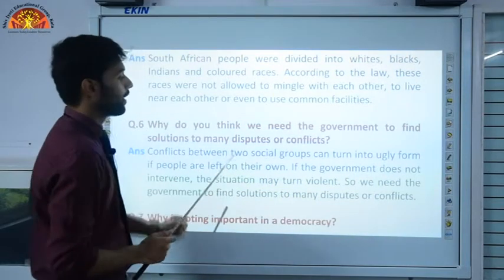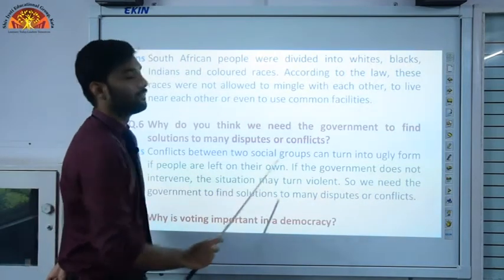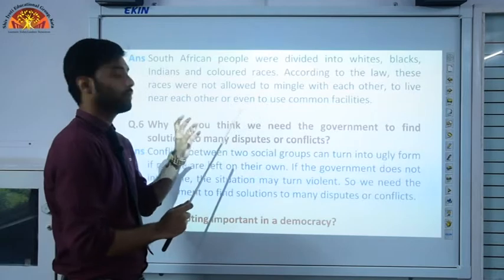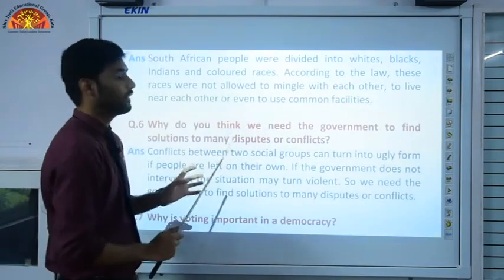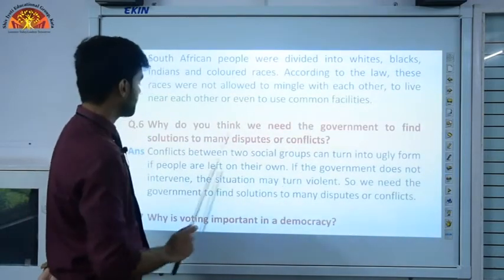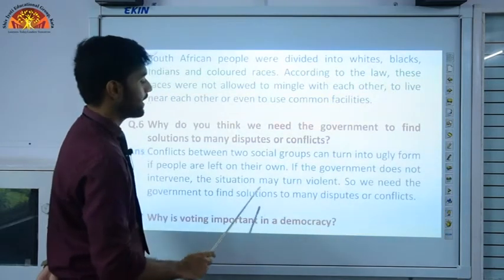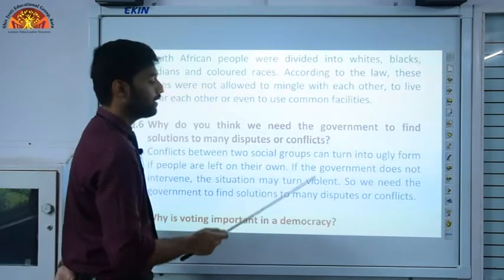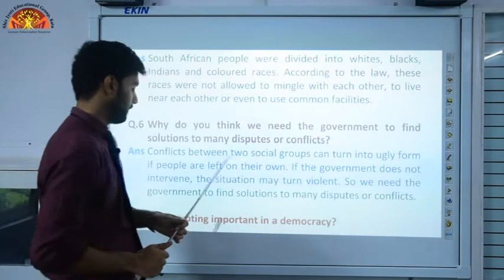If the government does not intervene, the situation may turn violent, and that is why the government gives a solution between the conflicting parties. It gives a peaceful way of solving their conflicts. So we need the government to find solutions to many disputes or conflicts, so that we can solve our disputes and conflicts in a peaceful way.